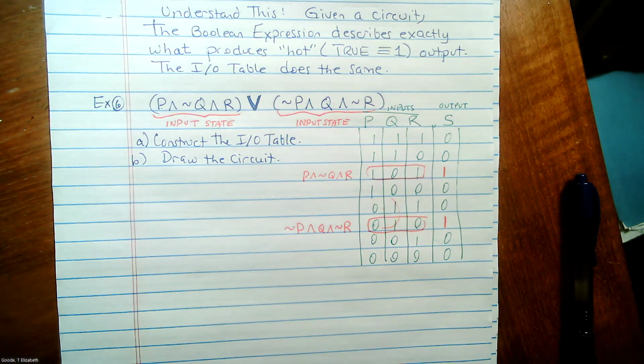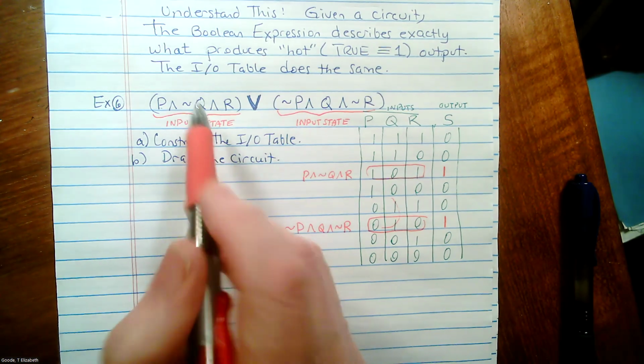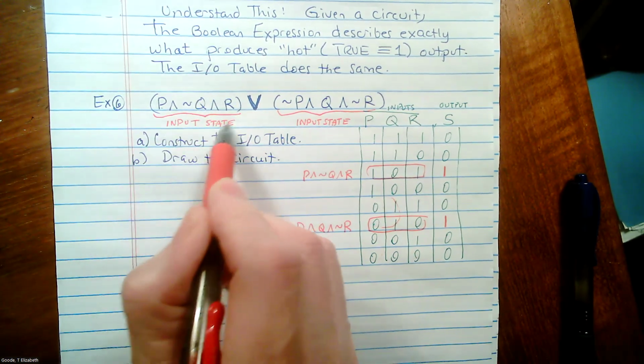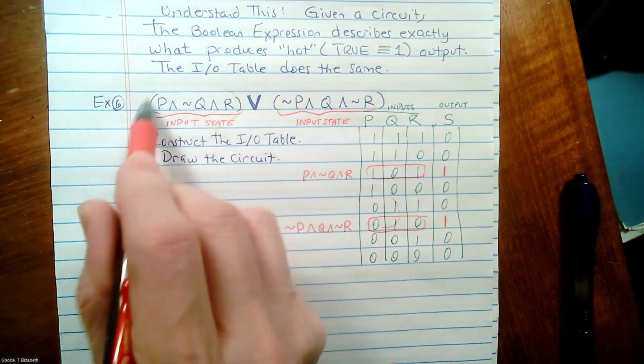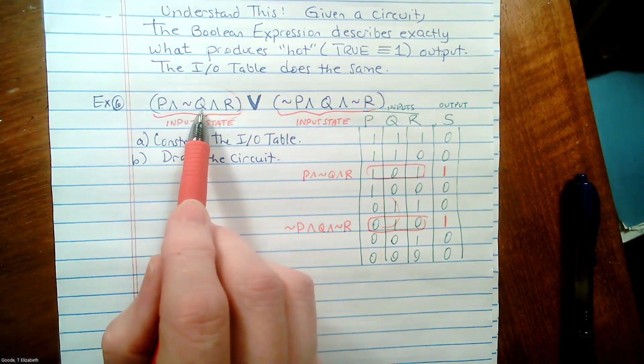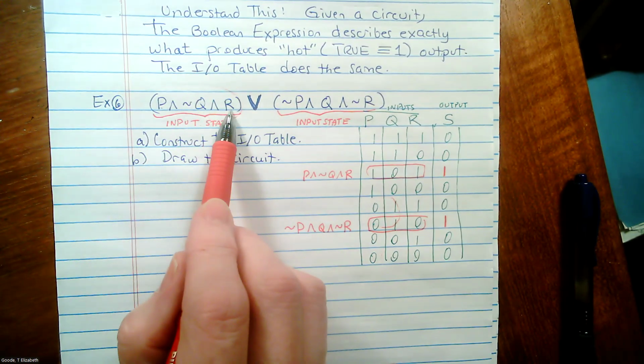I'm trying to teach you the proper language to use to describe the objects that we're discussing. Input state. This is not an argument. There's not a hypothesis and a conclusion. There are not premises and a conclusion. There are input states. These are statements about whether the input wires have electricity running in them or not.